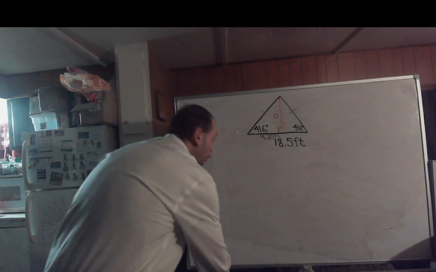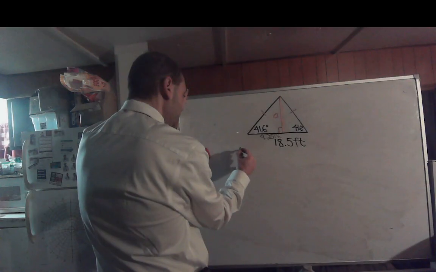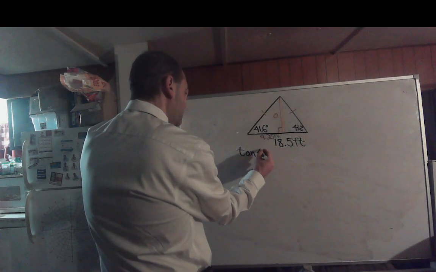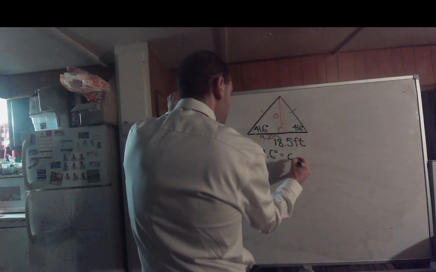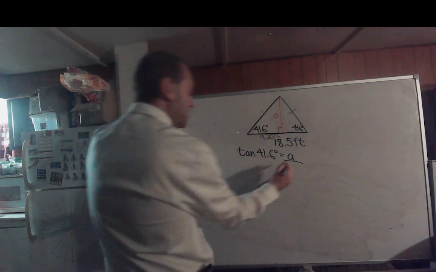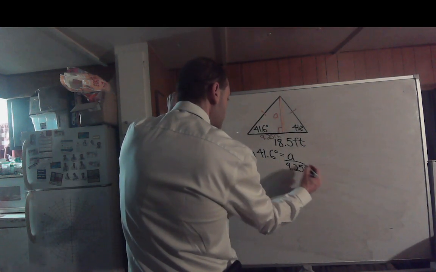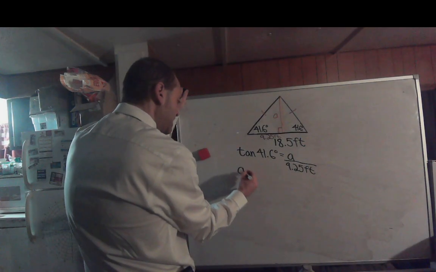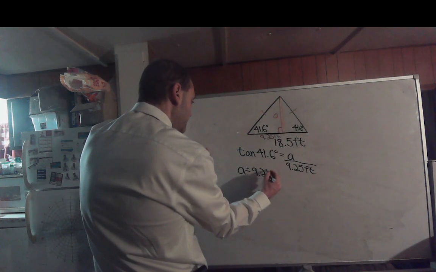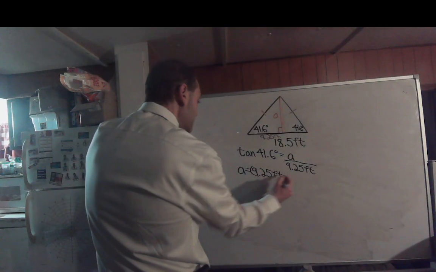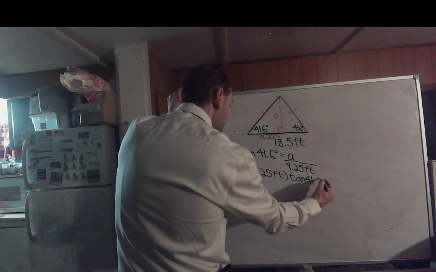And now, all we have to do is take the tangent of 41.6 and we can get side A. So the tangent of 41.6 degrees equals that side A over the adjacent side of 9.25 feet. Which means that side A, the altitude, has a length of 9.25 feet times the tangent of 41.6 degrees.